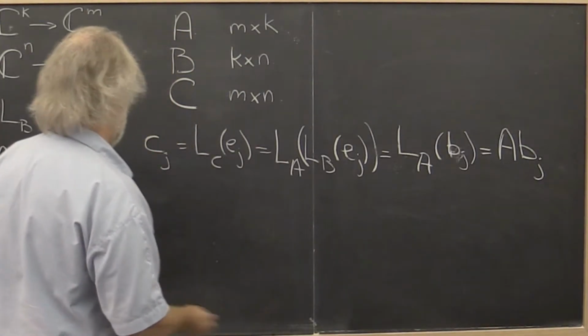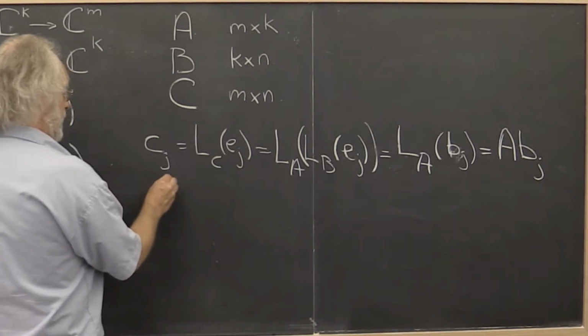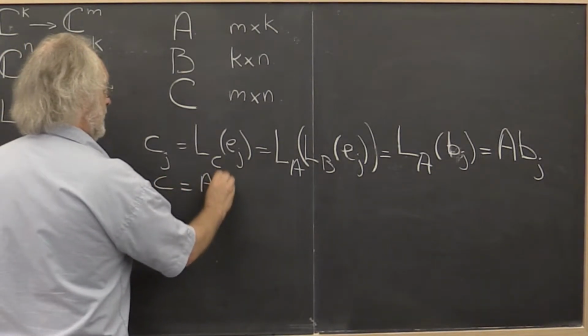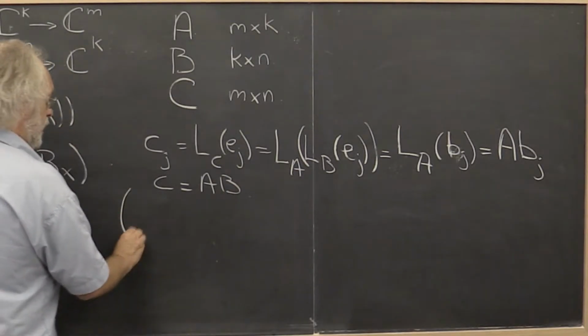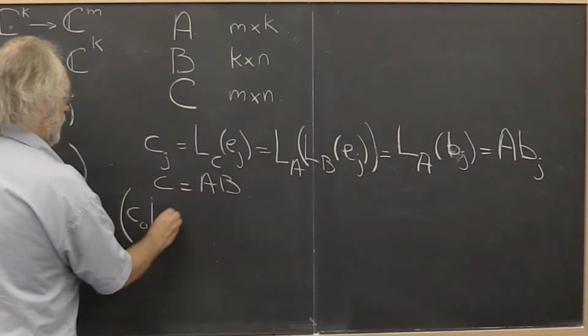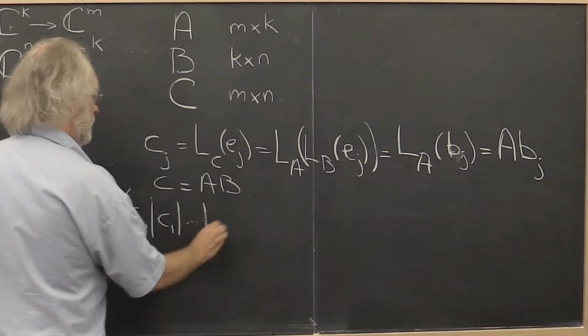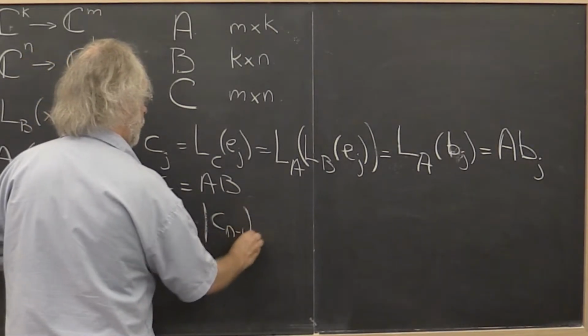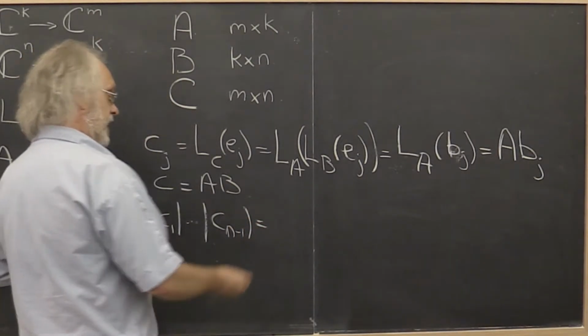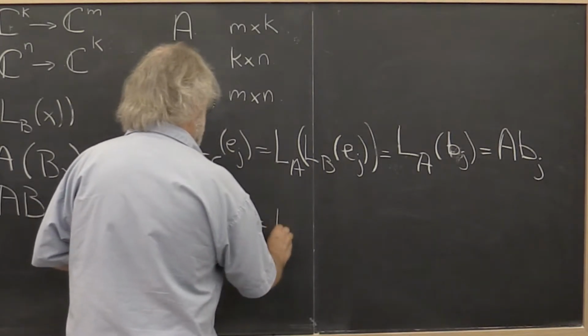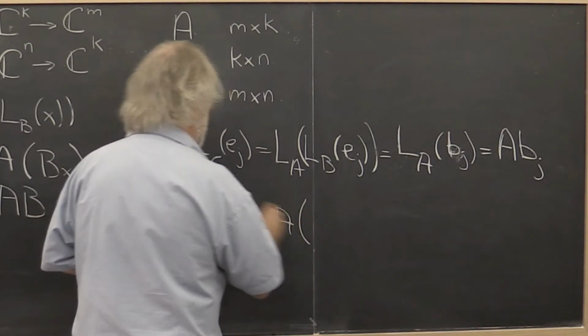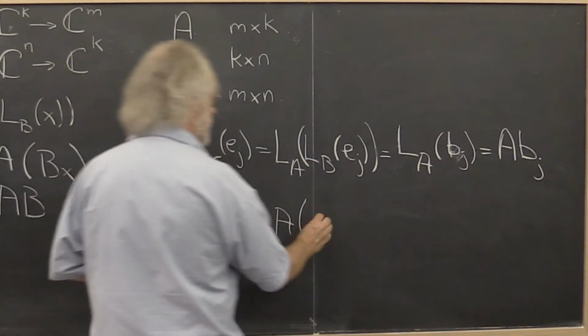Okay, so what do we learn? If we take C and we compute it as A times B, then you can think of C as consisting of its columns. There are n of those. And that you can then think of as A times B, but now we can partition B by its columns.